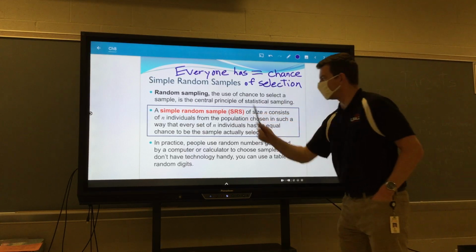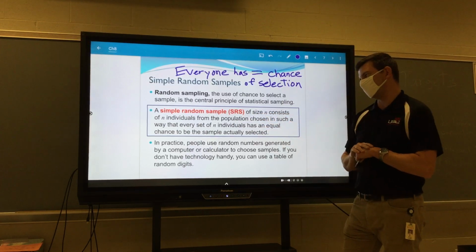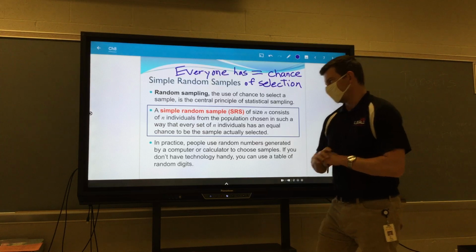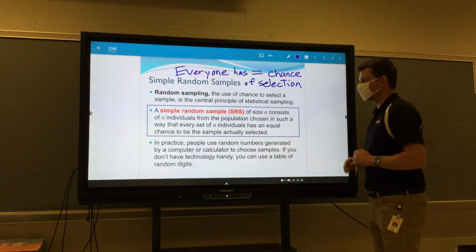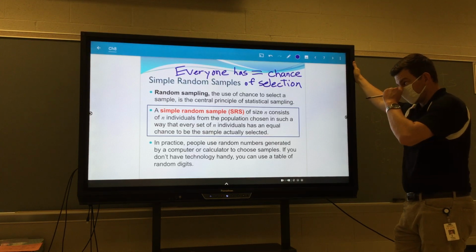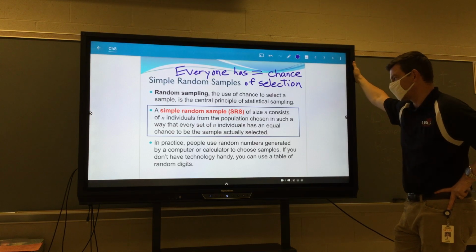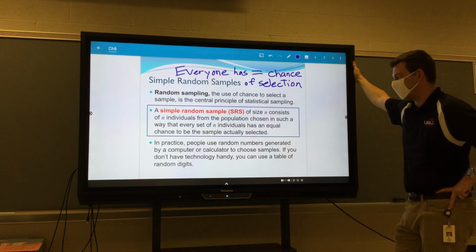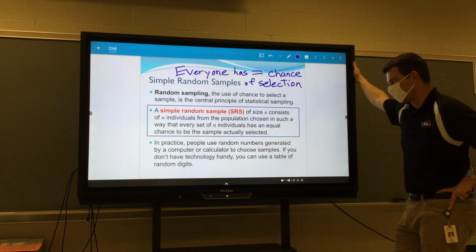Now, a simple random sample, we see this a lot. A simple random sample, abbreviated SRS, of size n consists of n individuals from the population chosen in such a way that every set of n individuals has an equal chance to be the sample actually selected.